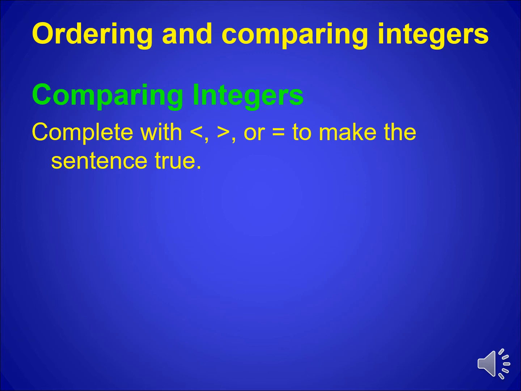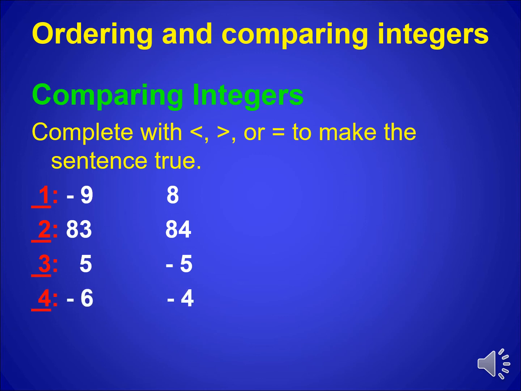Okay, let's see. Complete with smaller, greater, or equal to make the sentence true. I have here, for example, number 1, negative 9 and 8, positive and negative. So the positive is greater than, right?